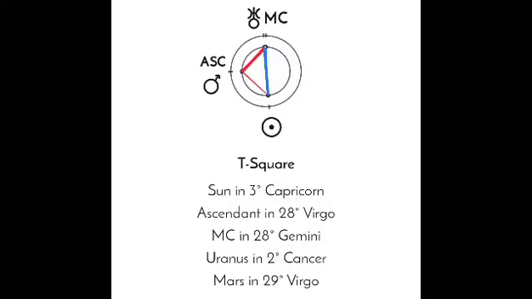It's not just two planets. When we take a look at the opposition, her sun stands on the opposite end of that opposition, opposing her MC, which is the 10th house, as well as her Uranus.